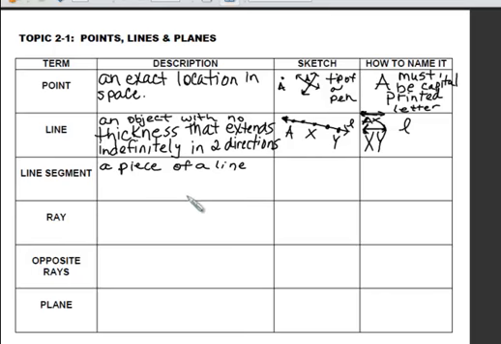A line segment is a piece of a line consisting of two endpoints and all points in between.